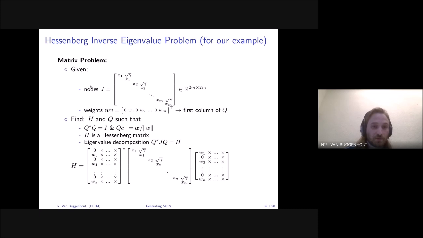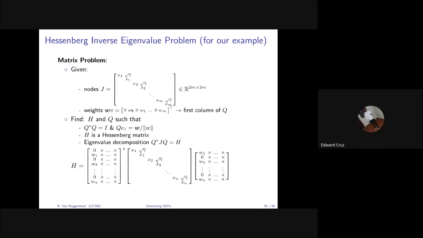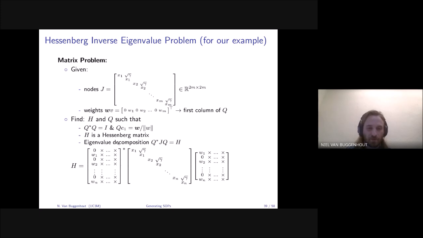So suppose we are given the matrix J, as you can see here, and the weight vector W. Now we want to find H and Q such that Q is orthonormal, its first column contains this weight vector, and H is a Hessenberg matrix. And we need that it has an eigenvalue decomposition, so a Jordan canonical decomposition that looks like this.